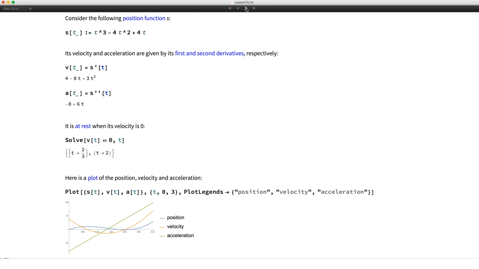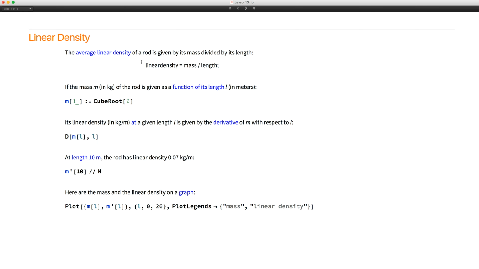So let's go on to another example where, let's say, you want to talk about the linear density of a rod. Now, if you have a rod and it, let's say, has mass m and a certain length, then the average linear density is simply the mass divided by the length. But of course, what could happen is that the mass of the rod depends upon how far down you are.